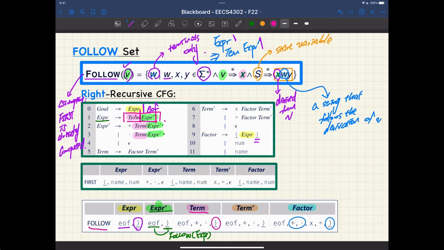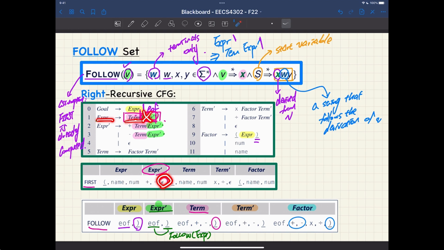If you look at expression prime over here, and its first, which we assume exists, it includes epsilon. What does that mean? That means there is a chance turn may be the rightmost component of expression if this happens to be null, given that its first includes epsilon.